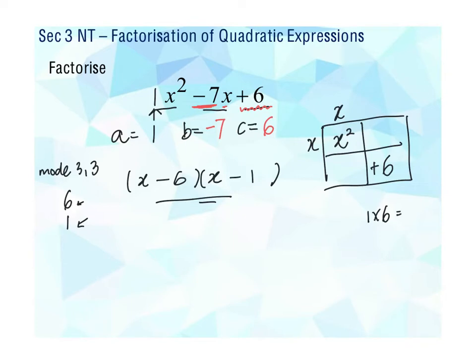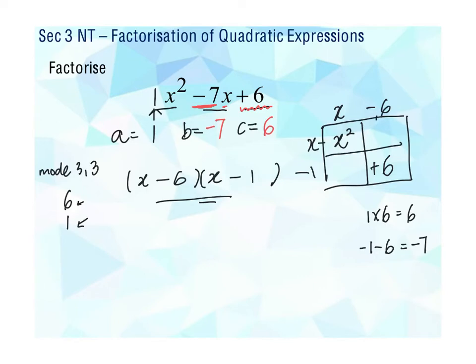And 1 and 6 itself, if I were to add these two together, I get 7. But I want a negative 7. So if that's the case, I need minus 1, minus 6 to give me minus 7. Okay, and let us complete our table to check.